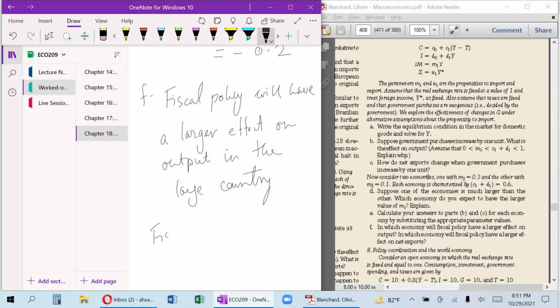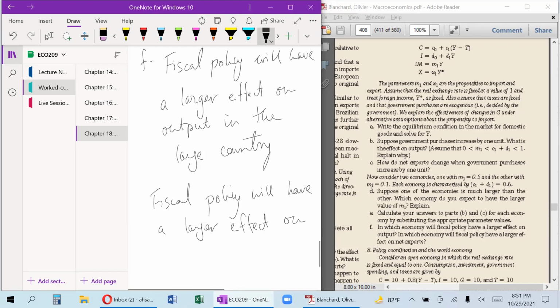Similarly, fiscal policy will have a larger effect on net export in which country?